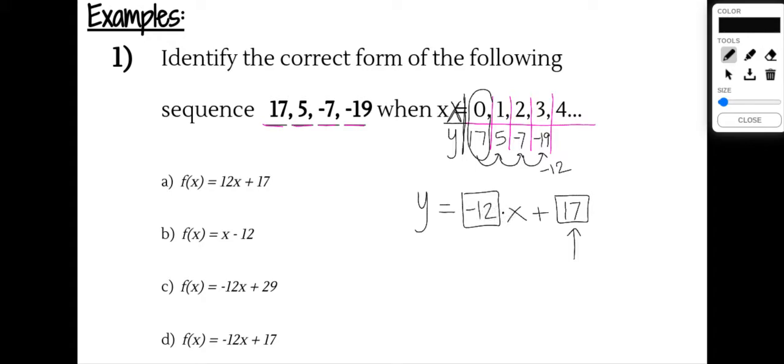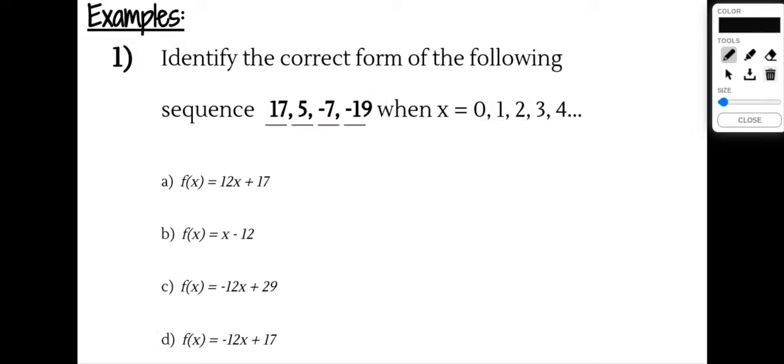So this is our function rule for this sequence, and it looks like it's going to match up with answer D down here. If we were to plug in 0, 1, 2, all those numbers for x into this function rule, we're going to get the sequence that was given to us. Pretty sweet, huh? Very cool.